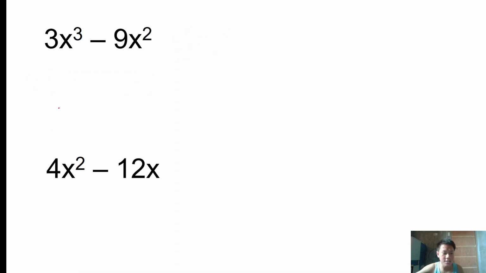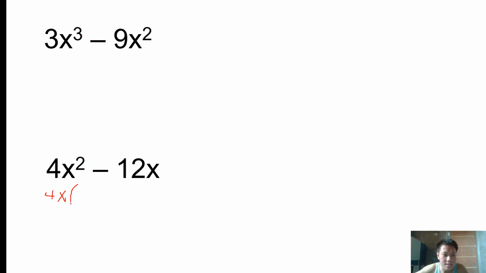Okay. Yung next example natin ay gagamitan lang ulit natin ng GCF. Okay. Simulan muna natin dito sa 4x squared minus 12x. Okay. Kunin natin lahat ng common factor nila. Both have x, so we have x. Both have a factor of 4. Yes, 4, and then meron din with 4. So we're going to have 4x.